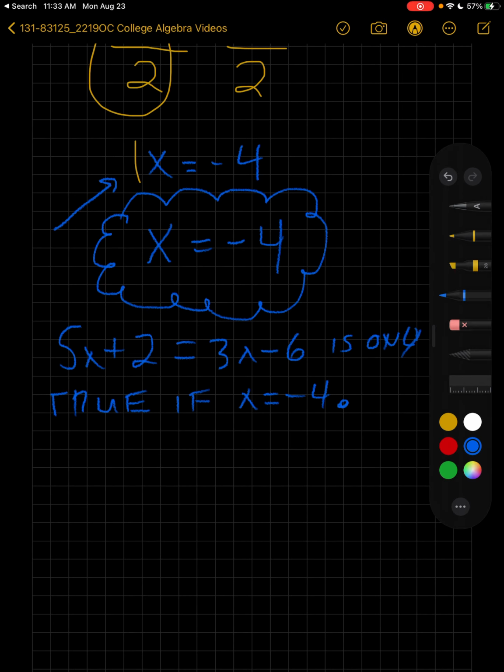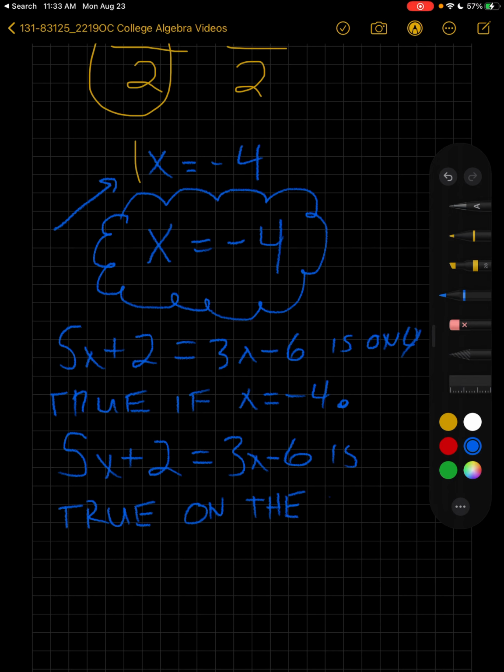This is true on the condition that x is equal to negative 4. And that's why you would call this kind of equation conditional. Most equations that we're going to talk about and deal with are conditional equations.